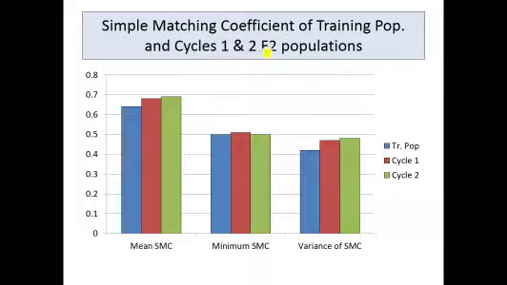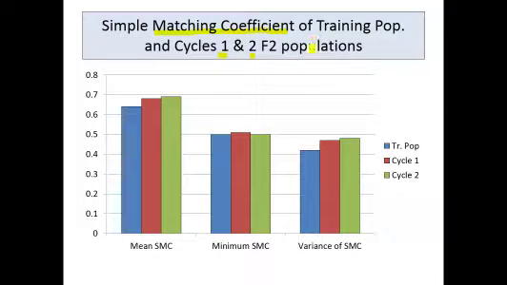We're looking at simply the simple matching coefficient of the training populations in cycle 1 and cycle 2 of F2s I've gone through genomic selection. A simple matching coefficient is really just a proportion of alleles that are common between any two lines. So a low simple matching coefficient indicates two lines that don't have many genes in common, and a high value indicates that the lines have more alleles in common between them.